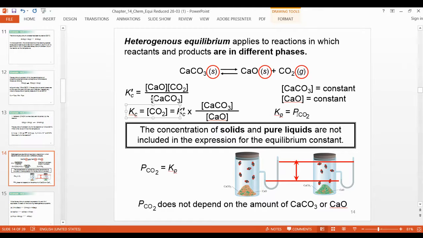So simply you write Kc is equal to the concentration of carbon dioxide, because the solids become unity, constant. So you will write Kp is equal to P of carbon dioxide. This is the way to write it. P of carbon dioxide doesn't depend on the amount of calcium carbonate and calcium oxide, because they are solids. It will not affect.